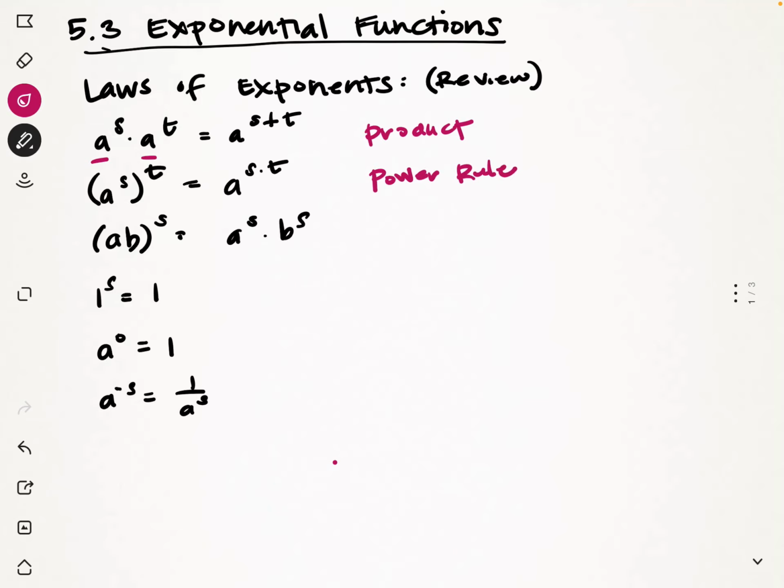And then the next one, we have a times b in parentheses to the s. And what this is like, we're distributing the s to each of the parts inside of the parentheses. So a times b to the s is equal to a to the s times b to the s.